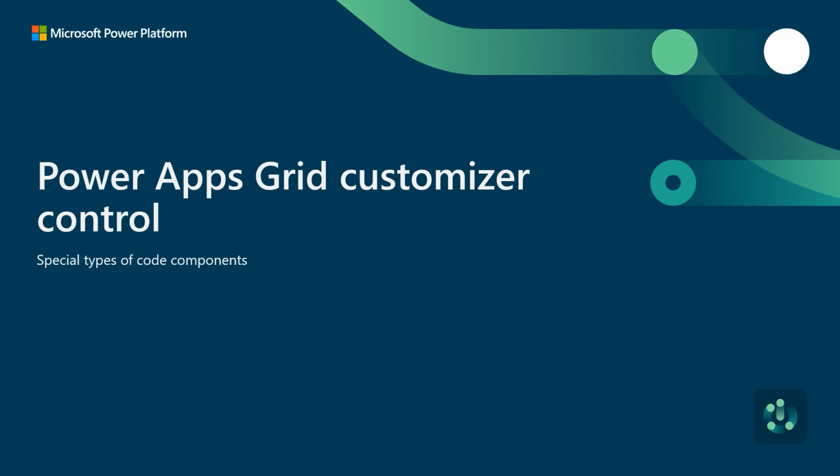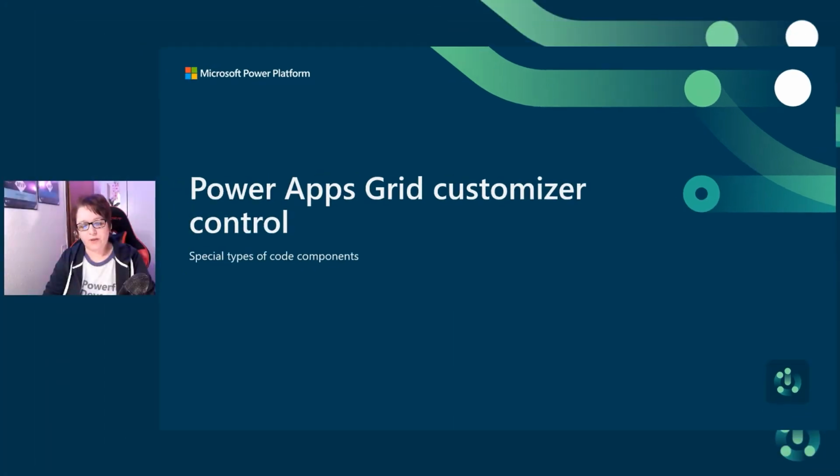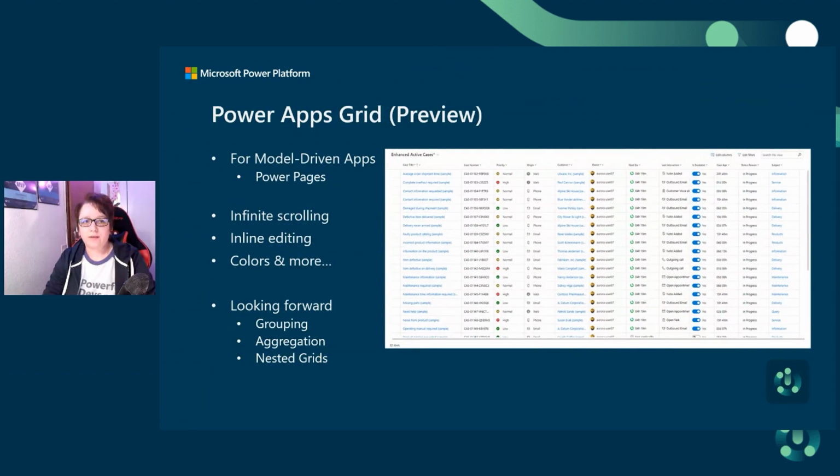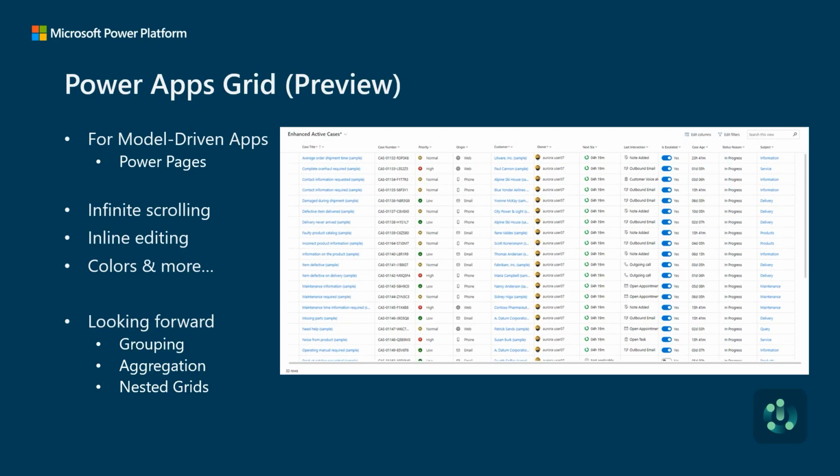And that would be about the Power Apps Grid Customizer Control. There are a few special types of PCFs which we can use, and this one would be one of them. The Power Apps Grid is a control representing the next evolution of the Power Apps read-only grid control, allowing users to view, open, and edit records from views and subgrids.